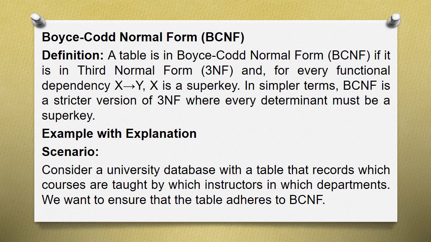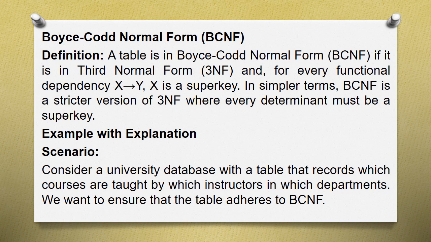Boyce Codd normal form says that the dependent should always be determined by the determinant, and the determinant must be a super key. If any determinant is not a super key, then it is not fulfilling the Boyce Codd normal form condition.